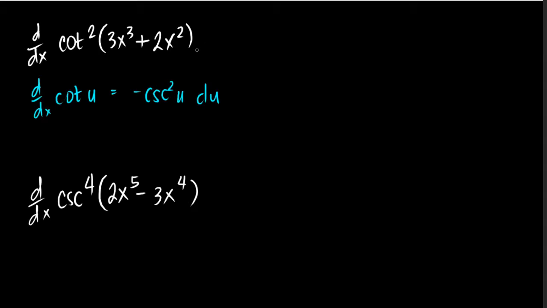However, due to the chain rule, it's the same as when you use the power rule. Your exponent comes down, and the new exponent is the original exponent minus 1. So since there's a 2, it comes down, cotangent, and then 2 minus 1 is just 1. Then 3x cubed plus 2x squared.